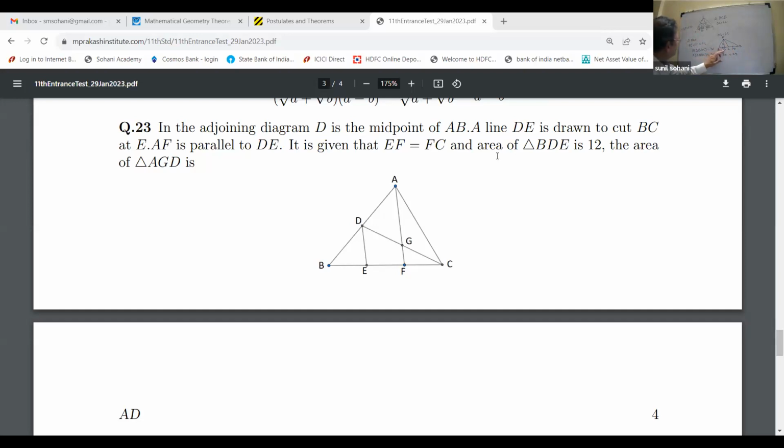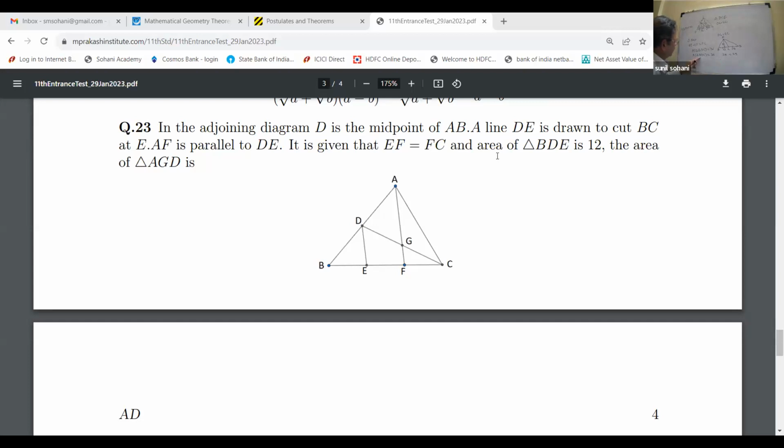This is the concept. So this concept I used here repeatedly. This concept I used here because bases are equal. C is the common vertex. The figure looks opposite, but they have the same height. So when bases are equal and the heights are equal, then the areas of the triangles involved are equal.